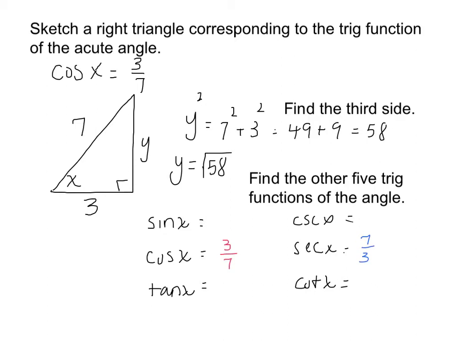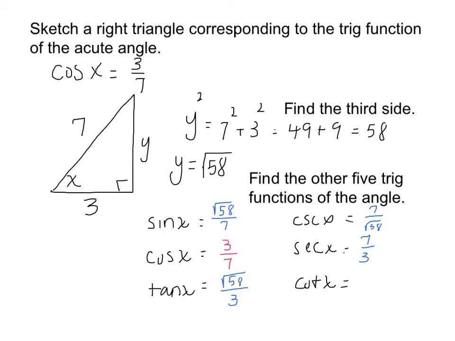Sine x, of course, is opposite over hypotenuse, so the square root of 58 over 7. Then we remember that tangent is sine over cosine, so that will be the square root of 58 over 3. Now, to do cosecant and cotangent, we take the reciprocal, so 7 over the square root of 58.